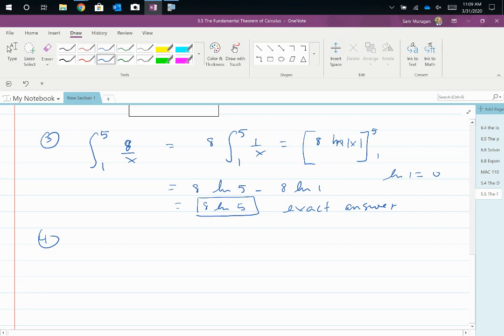Question 4. Integrate between 0 and 2 e to the power 2x dx.